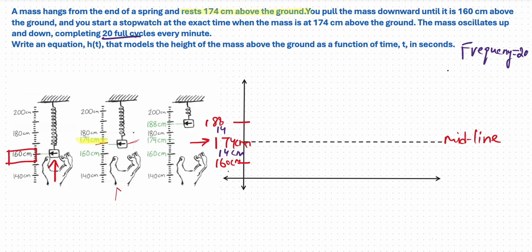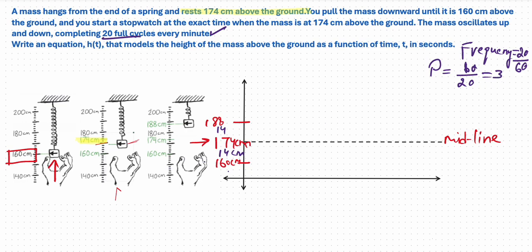If frequency is given to you, and we know that period is the reciprocal of frequency, it's going to be 1 over 20, but actually it is 20 full cycles per minute. Basically, it is 20 over 60 because in seconds you have to divide by 60. So the period will be 60 over 20, which is 3.